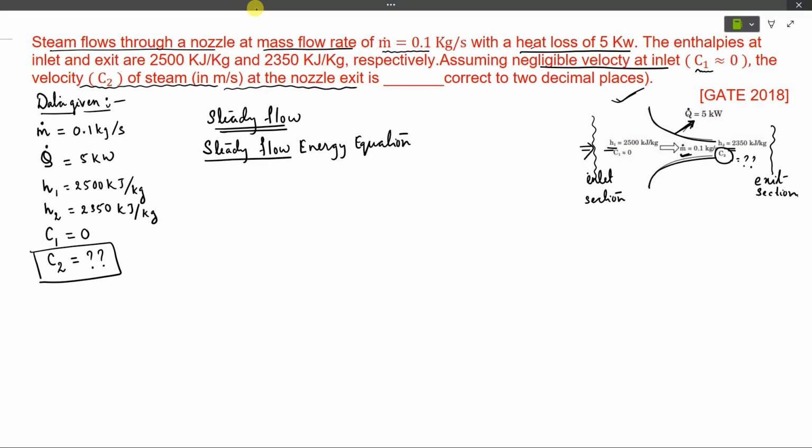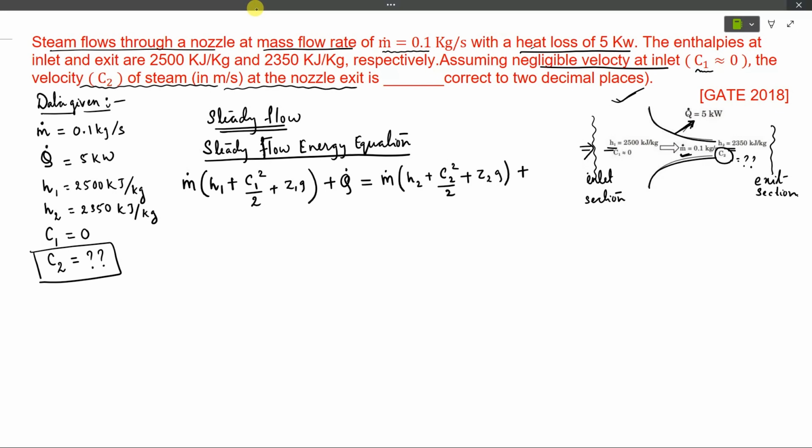The expression is m dot times h1 plus c1 square by 2 plus z1g, plus q dot, is equal to m dot times h2 plus c2 square by 2 plus z2g, plus w dot.